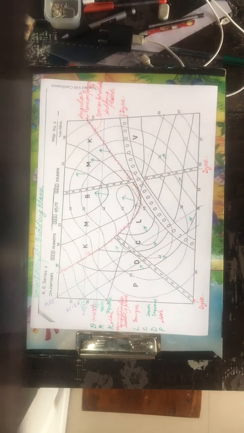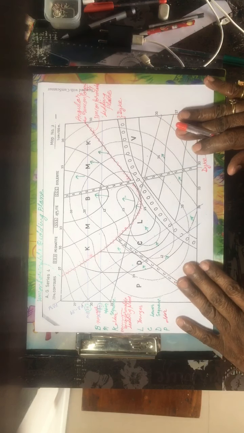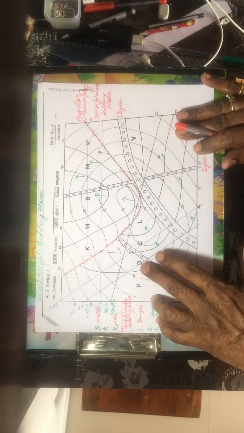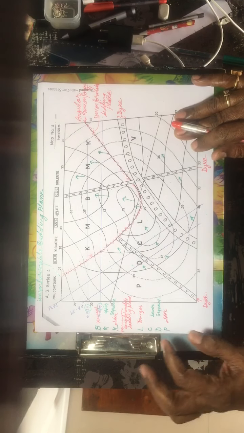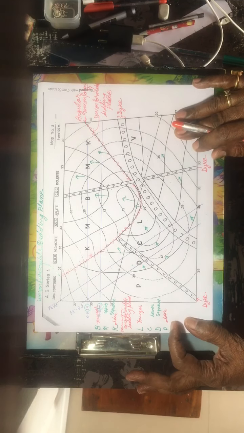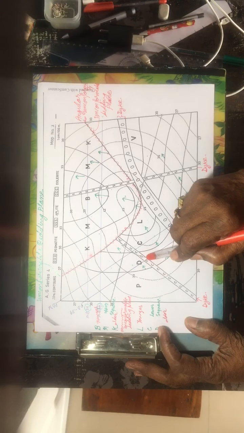Now we have to find out how these dikes took place. First the lower sequence developed. Lower sequence means P, D, C, L. These beds developed. P is the lowermost bed, so this older bed developed first. Then the D bed overlapped the P bed.